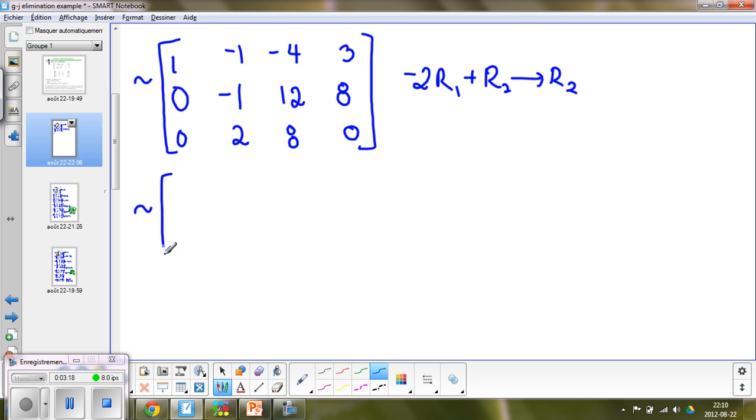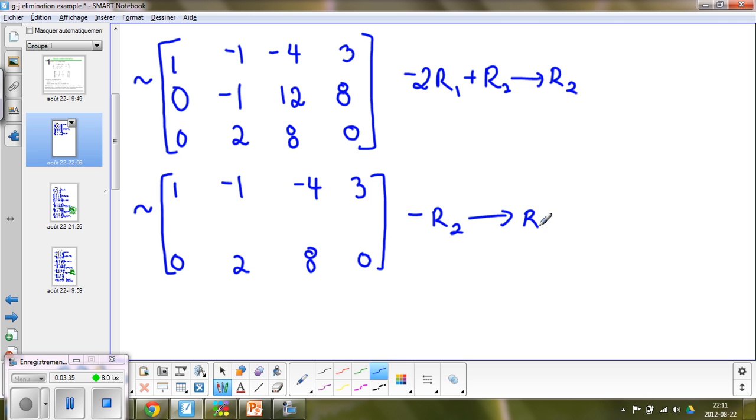Still not touching the first row, not doing anything yet to the third row, although you might be able to guess where we're going. And we said that minus row 2 is our new row 2.